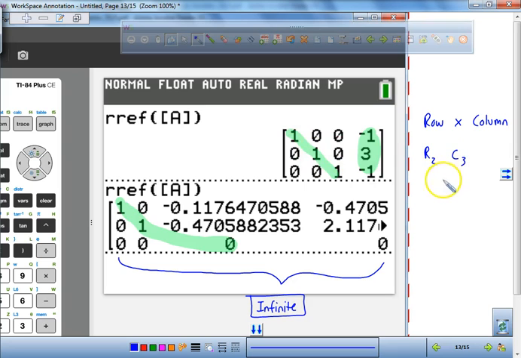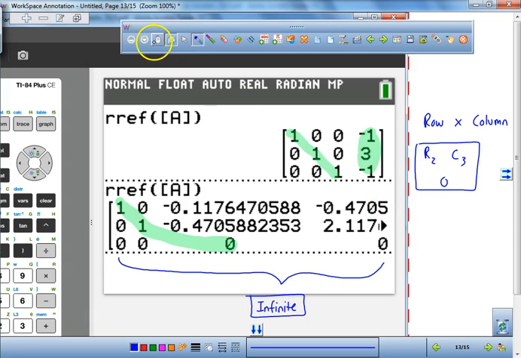What number would you say? 0. All right? So a lot of times you'll see R2, C3, stuff like that. So that number is what's called row 2 and column 3, which is right there. All right? So be aware of how to locate stuff in a matrix.